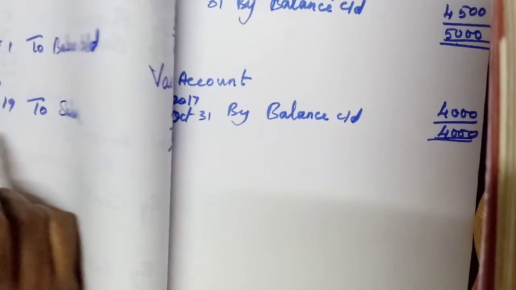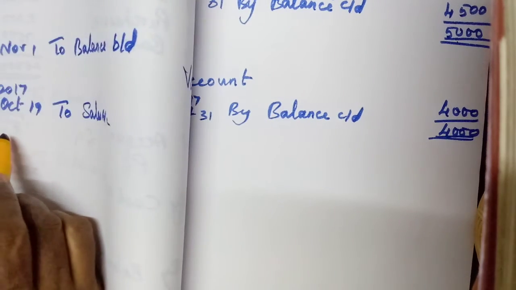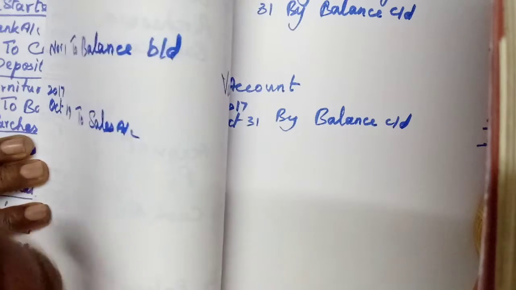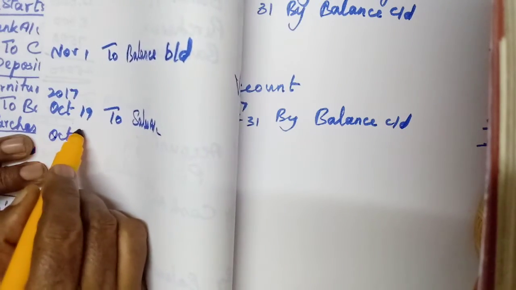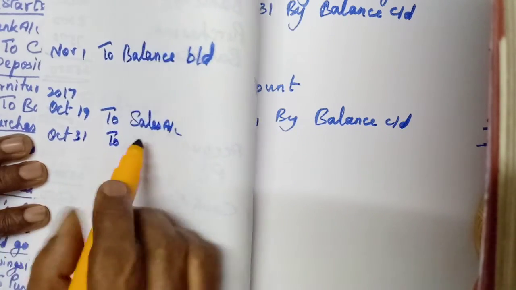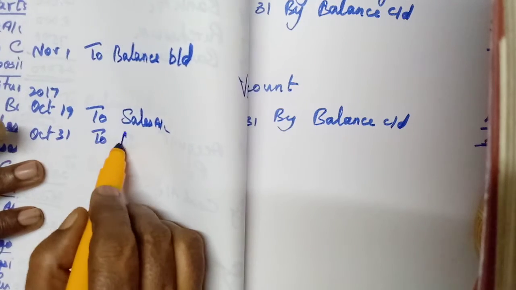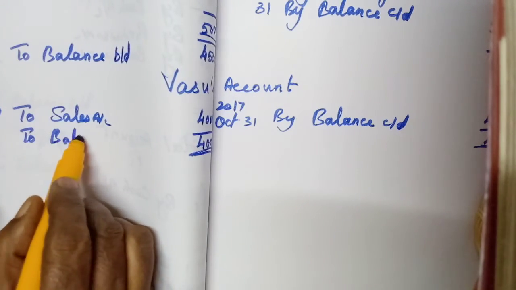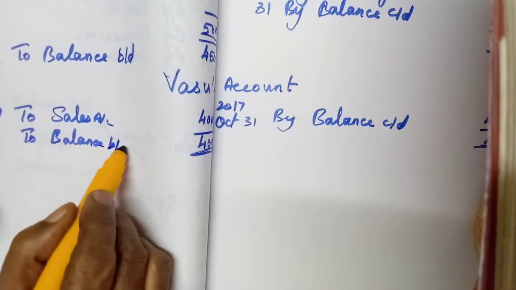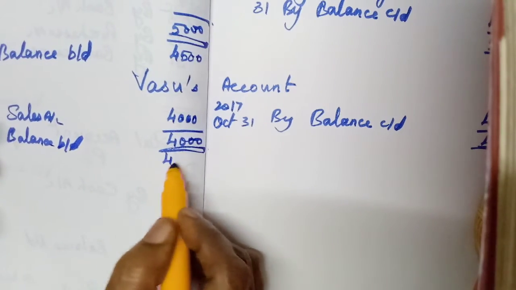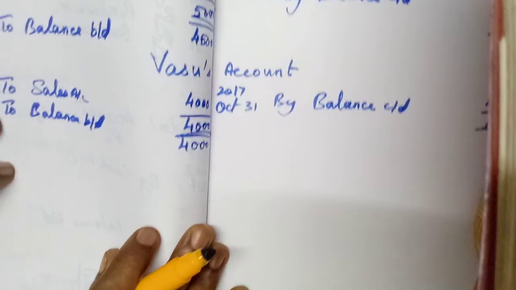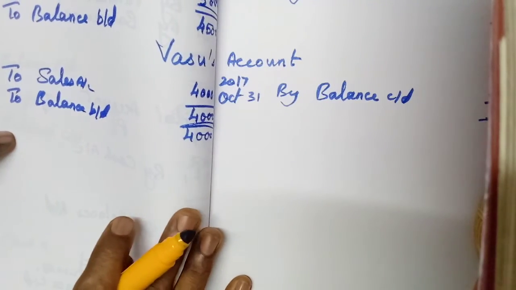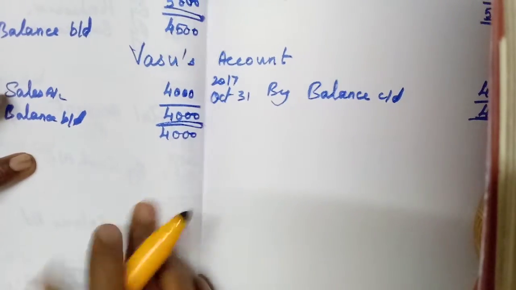Here date October 31 to balance brought down 4,000. Okay. Vasu's account over.